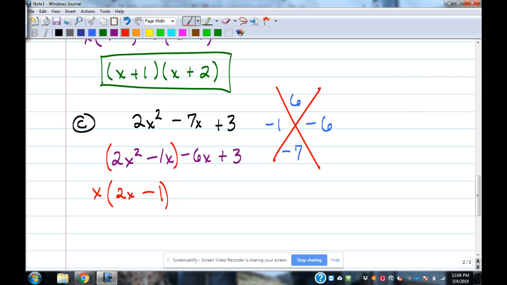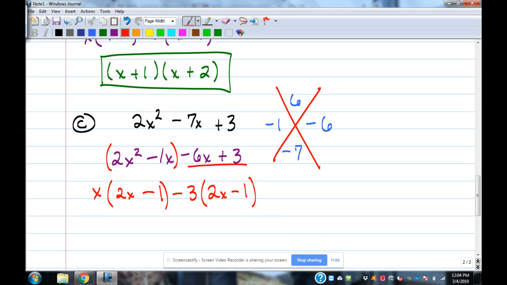Okay. Now, second half. What kind of 3 should it be? Be a negative because of this minus sign. Whatever sign you've got right here is going to be the sign of what you're pulling out. So we're going to pull out a negative 3. And then what's that leave in the parentheses? 2x minus 1.